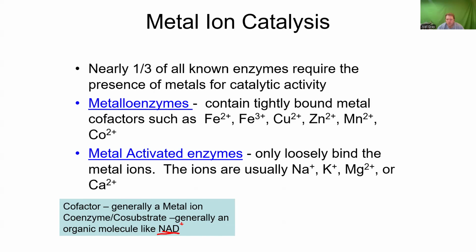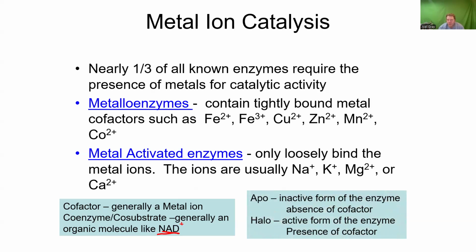Remember we had our oxidoreductases. Oxidoreductases were one, and glyceraldehyde 3-phosphate dehydrogenase, or GAPDH, is an enzyme that uses that. NAD plus loves to grab onto electrons and hold on to them. NAD plus is a coenzyme.